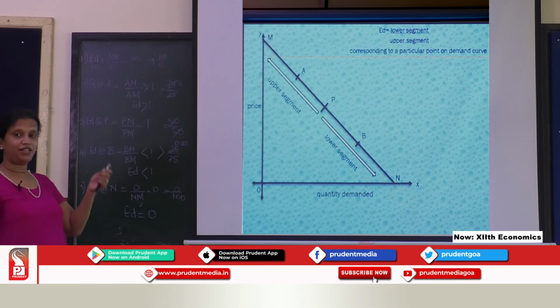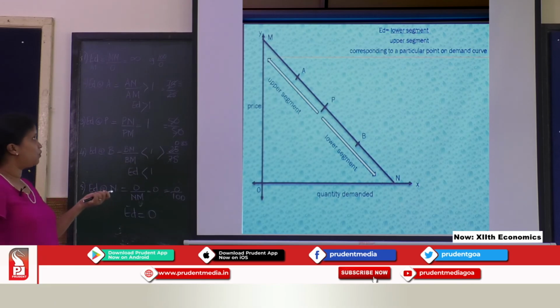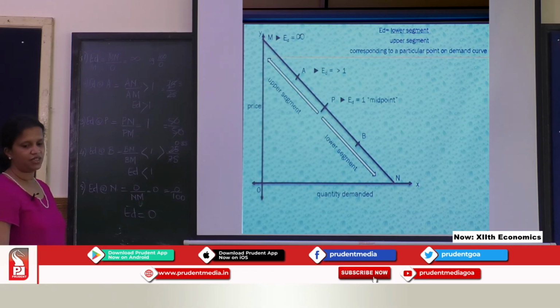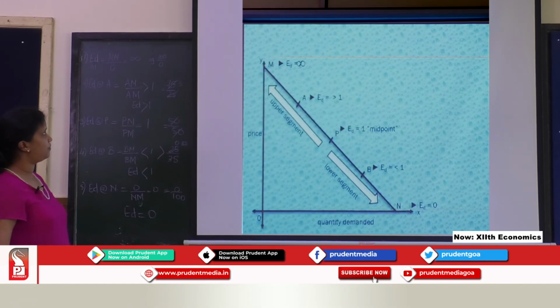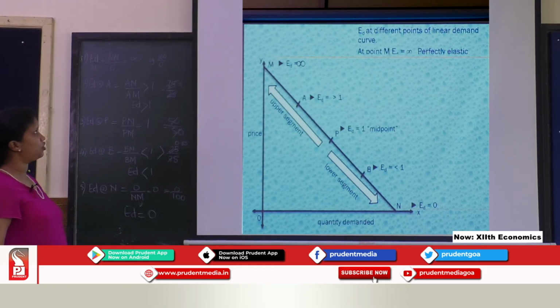So we have proved the elasticity at different points on a demand curve: greater than 1, equal to 1, less than 1, equal to 0. So finally, this is what the geometric method is all about. At point M, ED value is infinite.